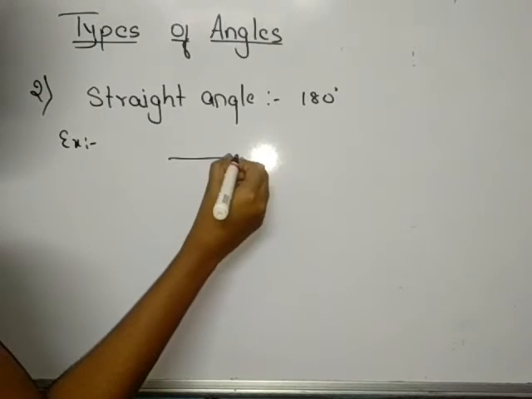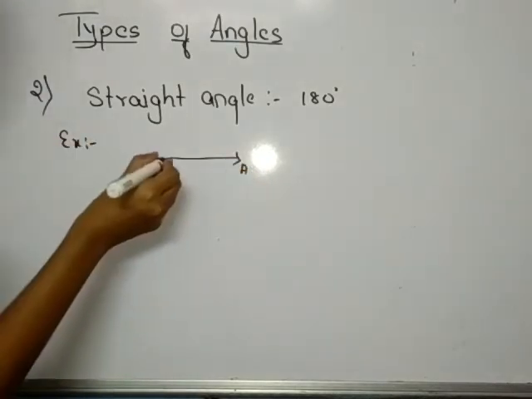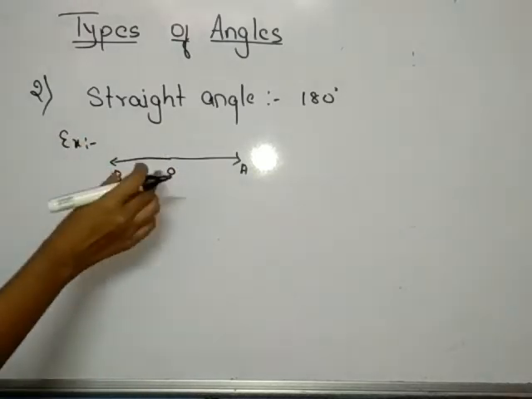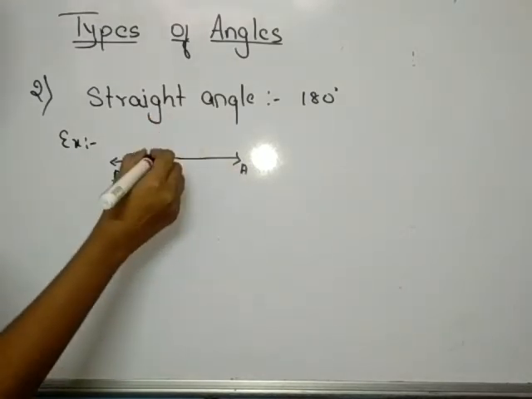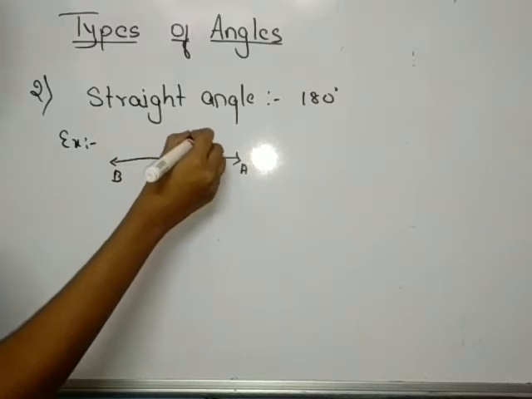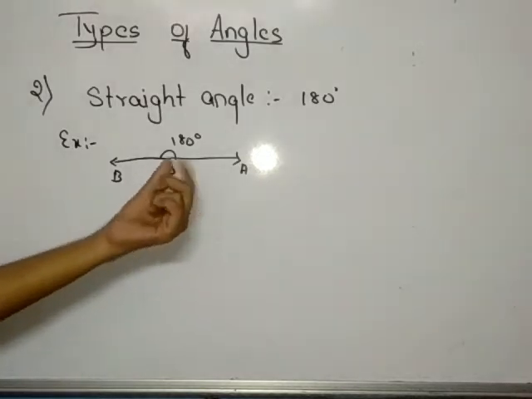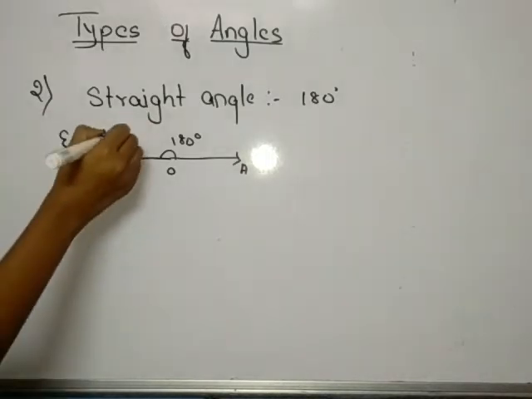We'll take two rays, O and A, and another ray in the opposite direction, which we'll name B. The angle formed between the two rays is 180 degrees. Once again, the definition: if the angle between two rays is 180 degrees, such angles are called straight angles. This is the first example.